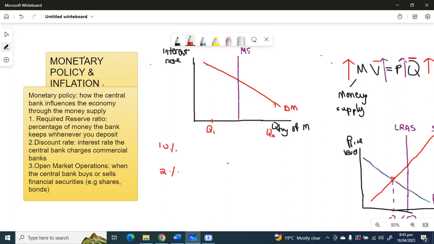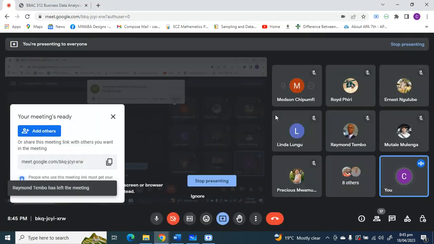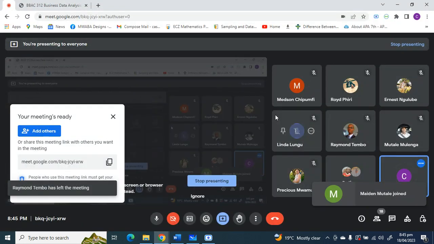Should be 20 kwacha, if I'm not mistaken. The bank keeps just the 20 kwacha, and the remaining 980, they can loan it out. Are we okay with that, colleagues? As the central bank increases the money supply, the required reserve ratio goes down, meaning banks keep less of your money and can loan out more of it.